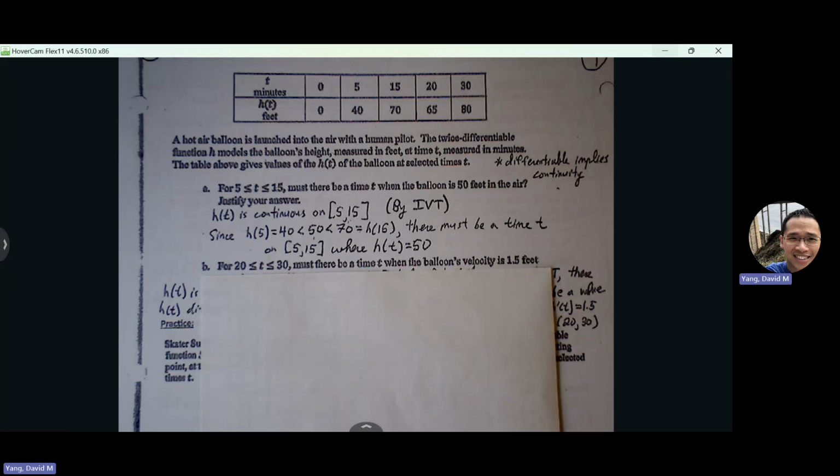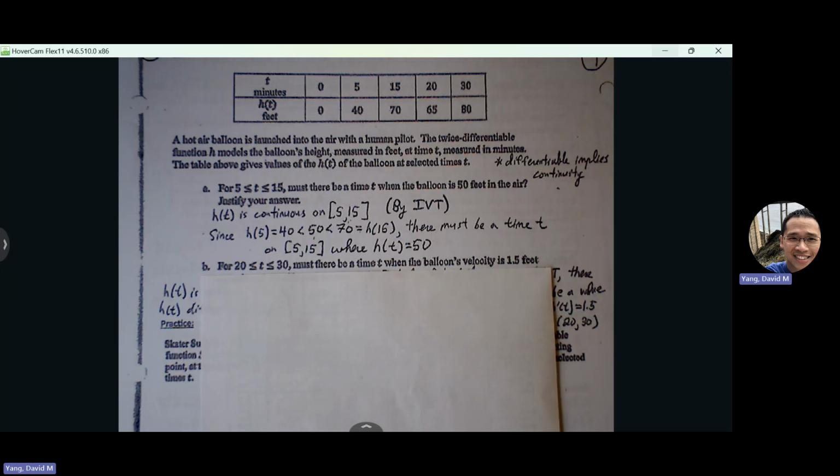So for part B here, for time between 20 and 30, must there be a time when the balloon's velocity is 3.5 feet? Now, if you look, we don't have a velocity table for us to pull velocity values. But what we can do is create a velocity between two endpoints, because velocity is just the change in position over the change in time.